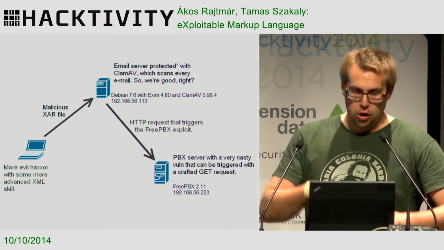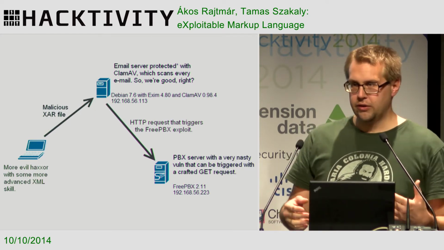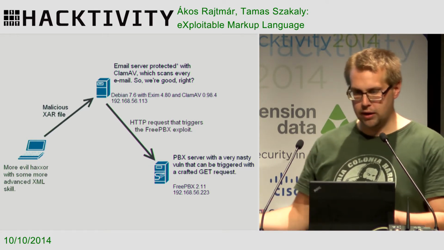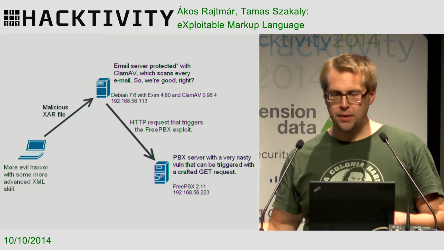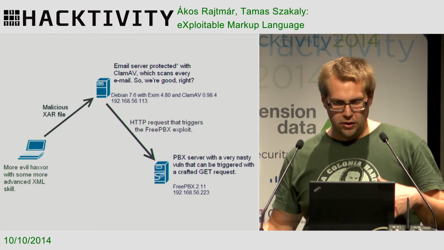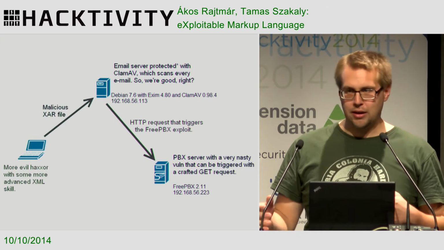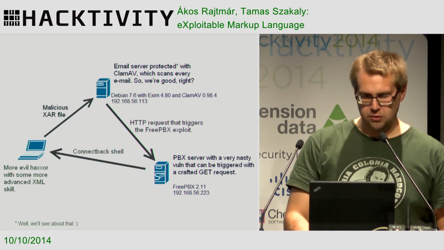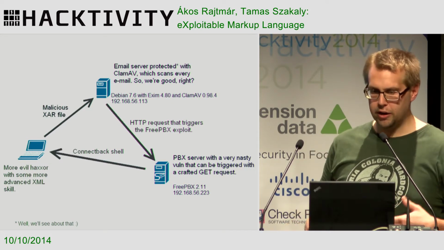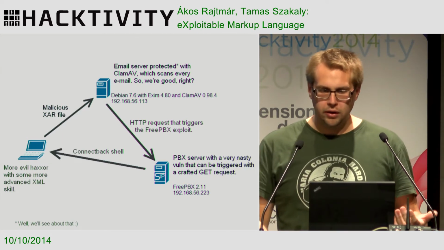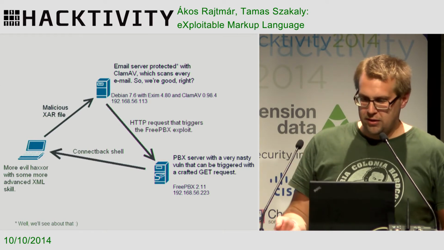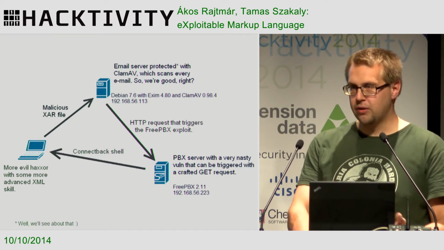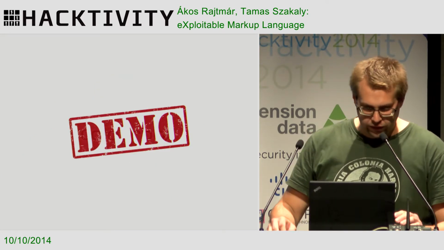ClamAV will check it, which will then get the XXE part processed. The HTTP request goes to the PBX server. The HTTP request runs a command that connects back to the attacker. So the attacker can run commands on the PBX server.